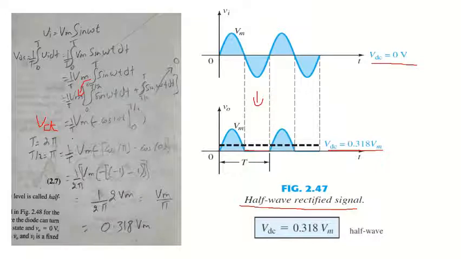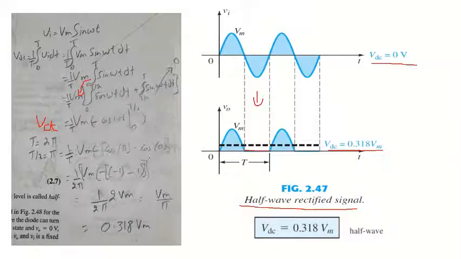As we know, the time period T is equal to 2 pi, so we just need to insert this value here. So 1 by T Vm times minus cos of pi, because we need to put T/2 equal to pi, minus cos of 0.